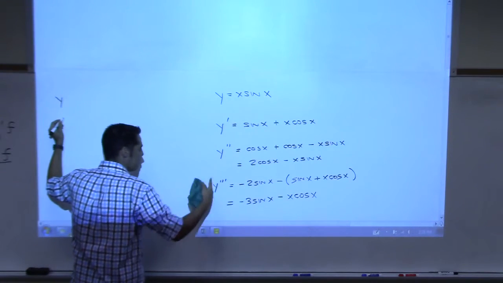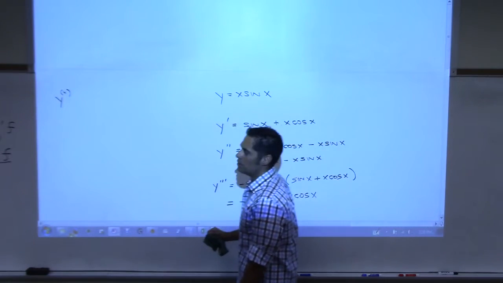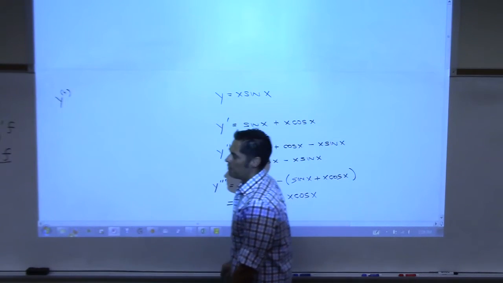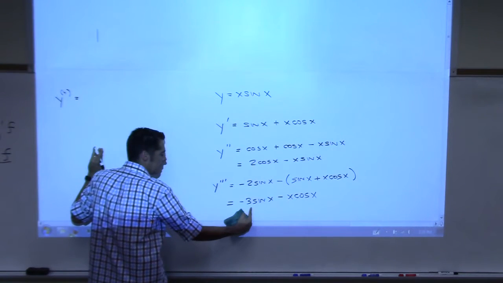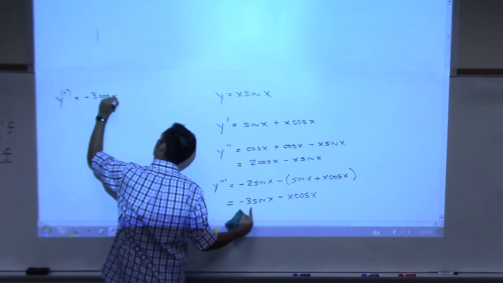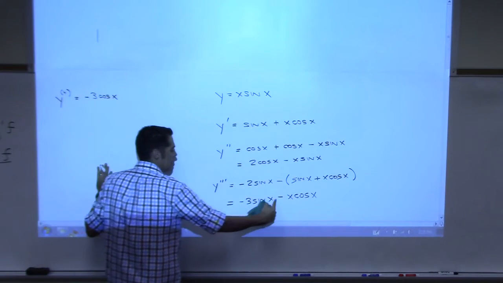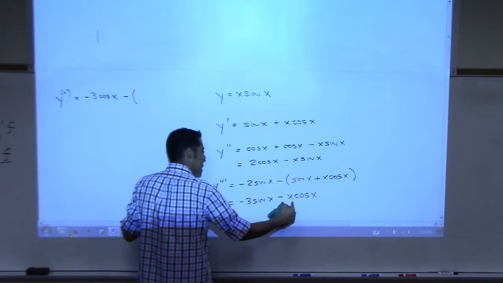Am I going to write 4 prime marks? I guess I could, but the proper notation is a 4 in parentheses. Now when I take the derivative of this first term, I'm going to get negative 3 cosine x, and then minus, in parentheses, did I ever take the derivative of x cosine x?